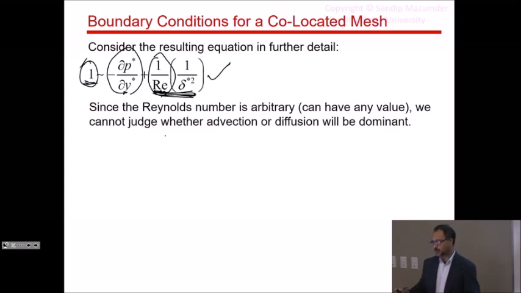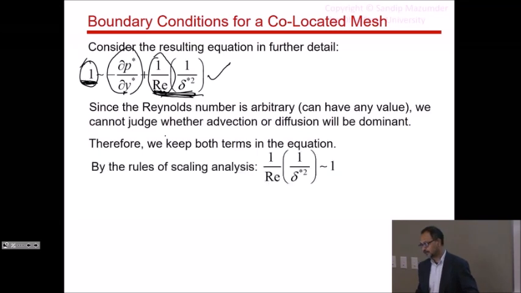So if we argue that this term is comparable in magnitude to that term, the whole term, without knowing what the Reynolds number will be, then this is what we get: that term is the same order of magnitude as the left-hand side of the equation.